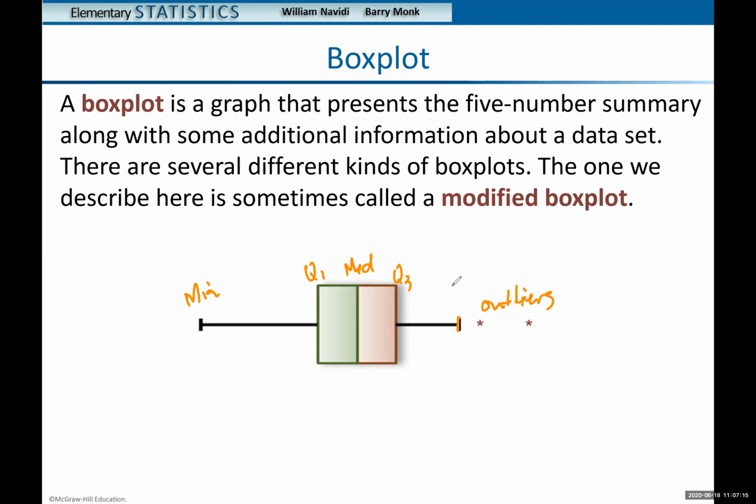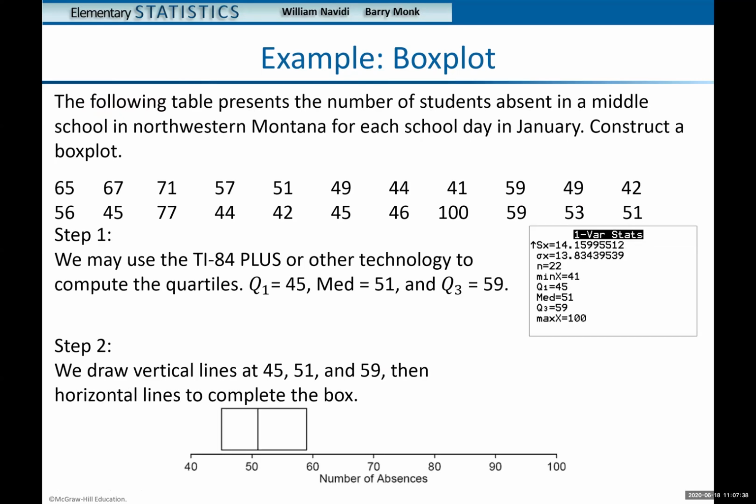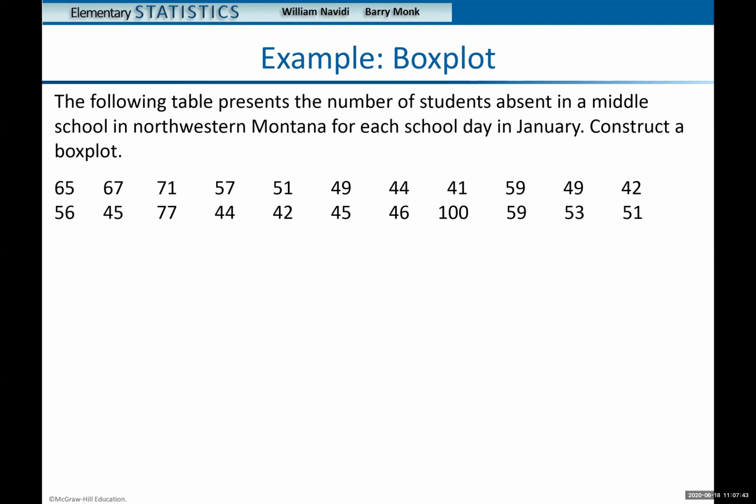This is going to be the upper boundary. That's why I showed you how to compute the lower outlier boundary and the upper. So we're using the same example here. Using StatCalc again, let's get a 5-number summary.